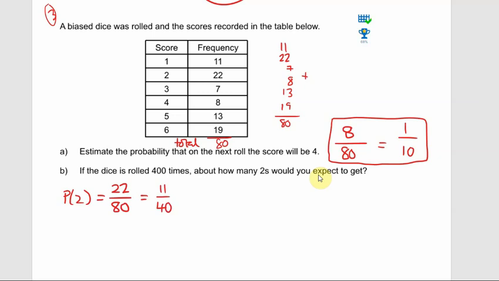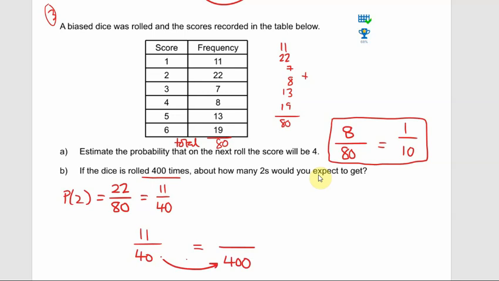And what I need to do to find the expected amount of times, I can scale this fraction to be over what I want. So a total amount of 400 times. So how can I change this fraction to make it look like this? Because 11 over 40 means if I roll it 40 times, I get a 2 11 times. So I want to ask the question, well, if I roll it 400 times, how many times am I going to get a 2?